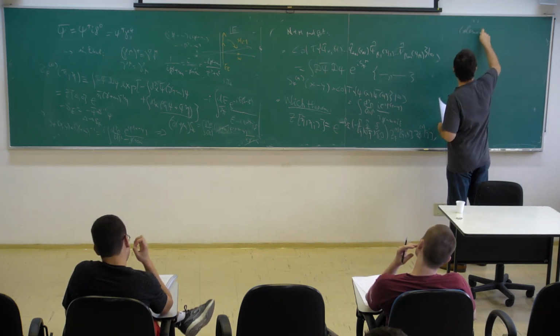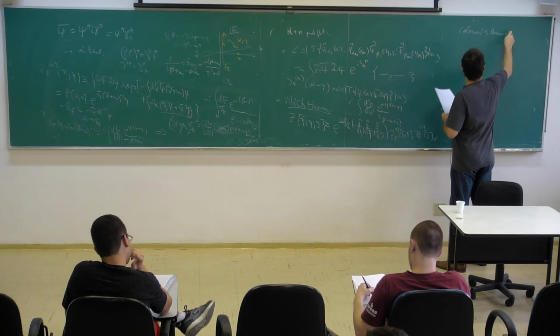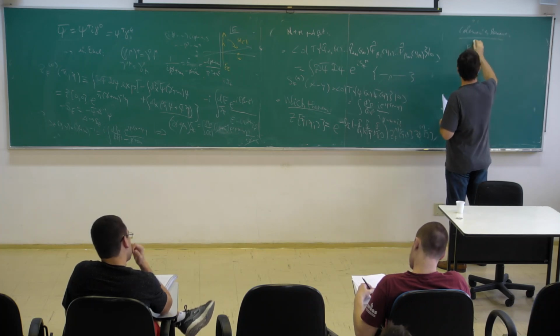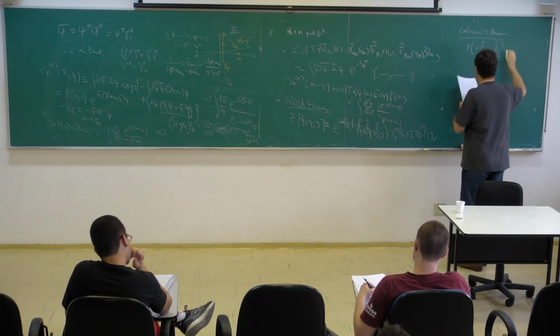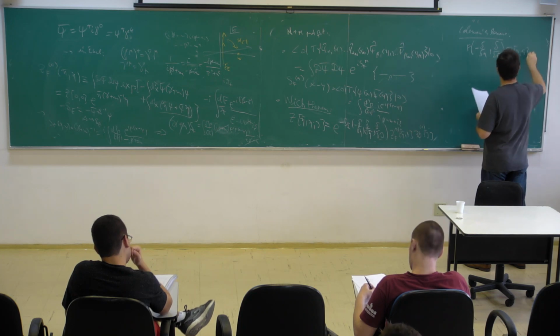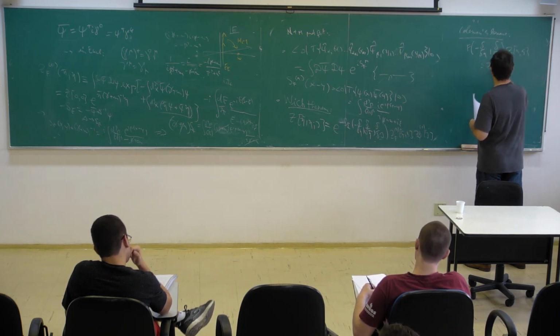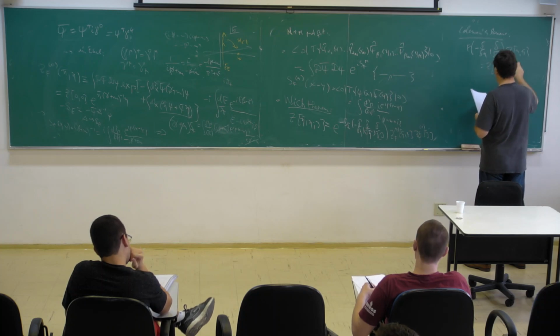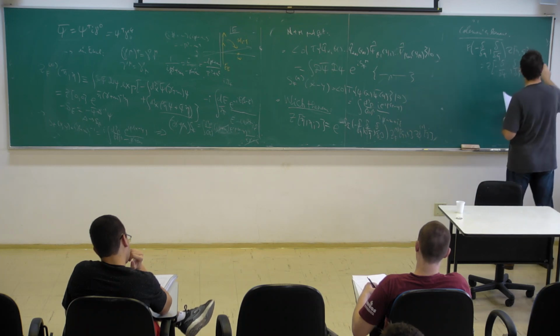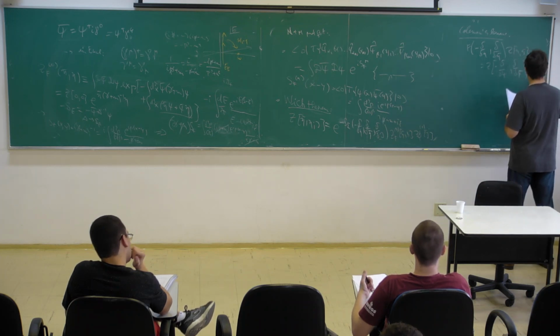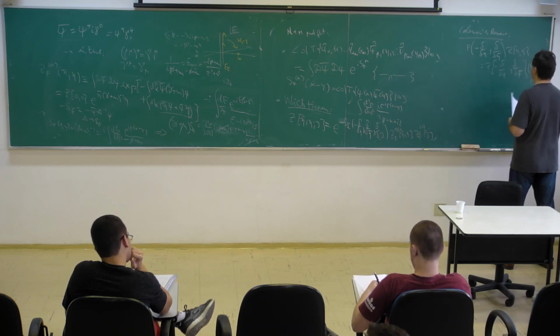So Coleman's lemma: I have to write that f of minus delta over delta eta bar, z, is z minus delta over delta psi bar and f of psi bar, psi, e to the psi eta plus eta psi bar plus eta bar psi, at psi equal to psi bar equals 0.